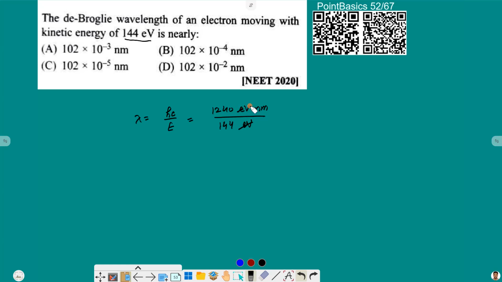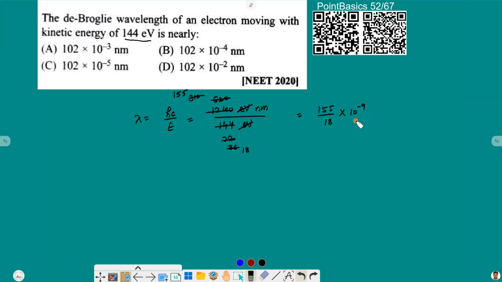So electron volts get cancelled, and we get 155 divided by 18 into 10 raised to power minus 9.